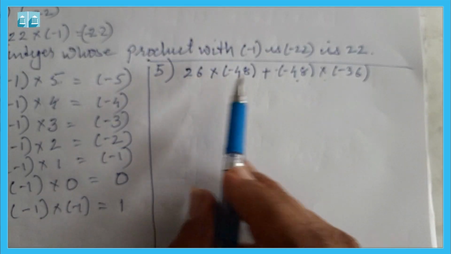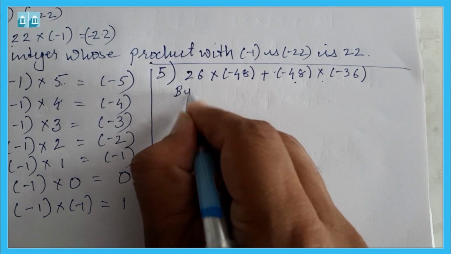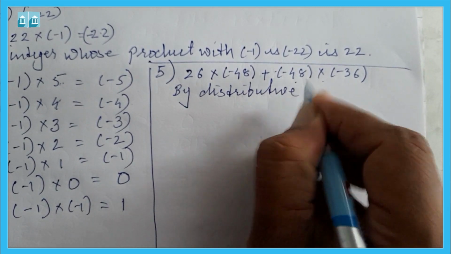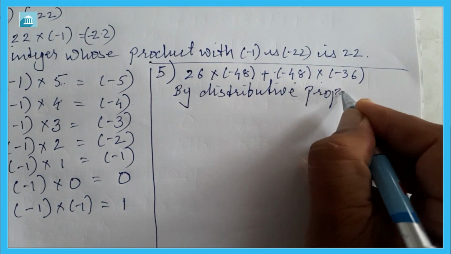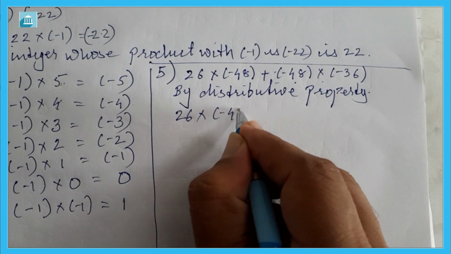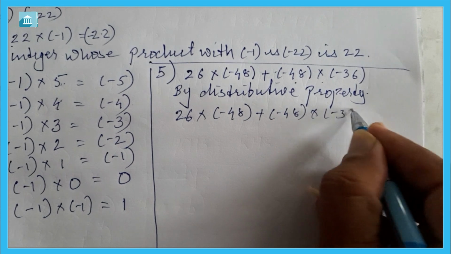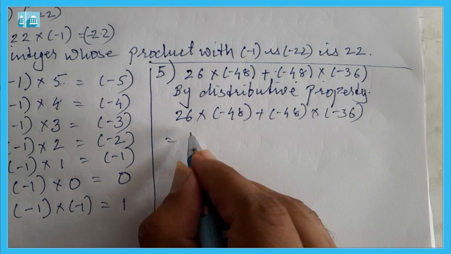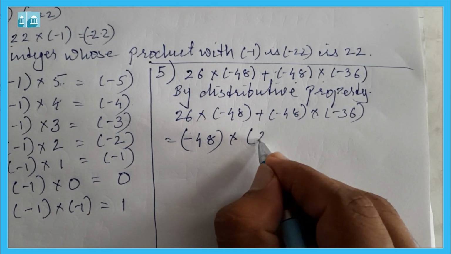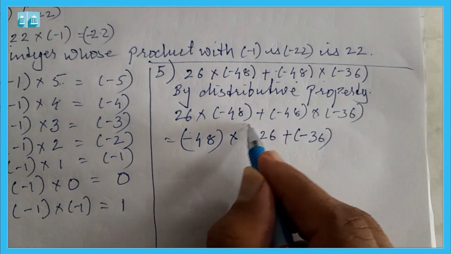So here we can say A into B plus A into C. So by the distributive property, we can say that 26 into -48 plus -48 into -36 is equal to, if we take -48 out as common, here it will remain 26 plus -36. ये बचेगा कॉमन अगर हम निकाल लेते हैं.